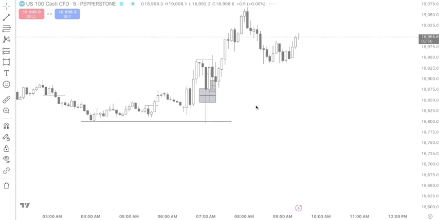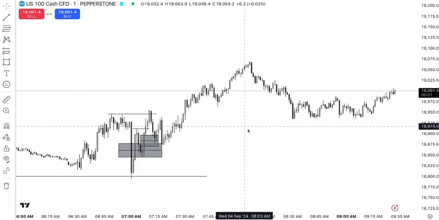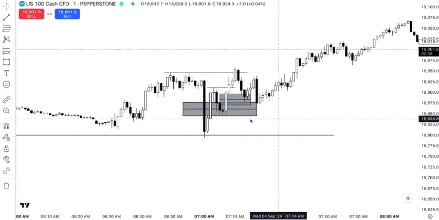And then I can show you guys inverse fair value gaps and BPRs. All right, so this was today's trade right here.